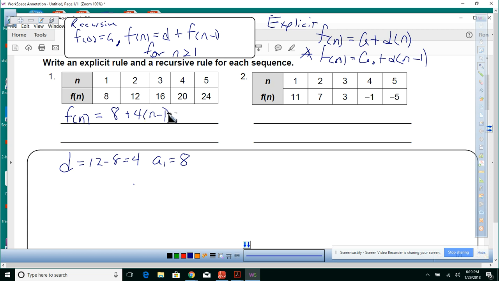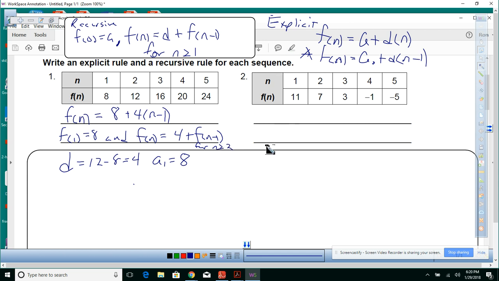And then for the recursive rule, we're going to say f of 1 equals 8 and f of n equals 4 plus f of n minus 1, for n is greater than or equal to 2.